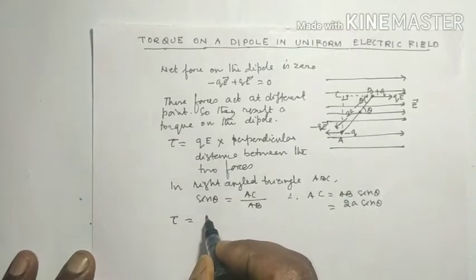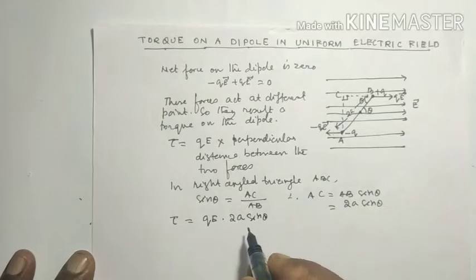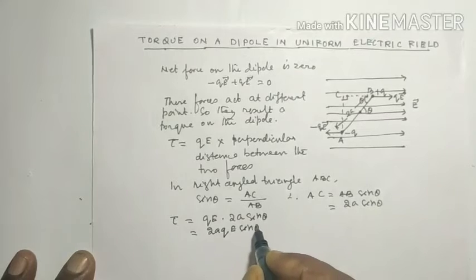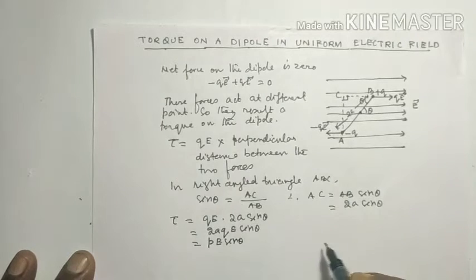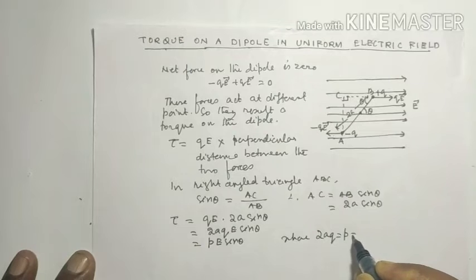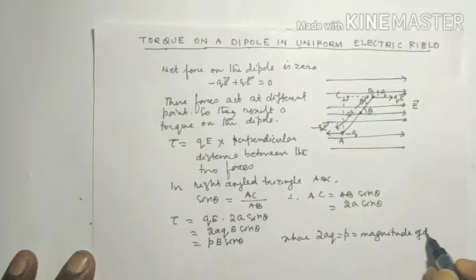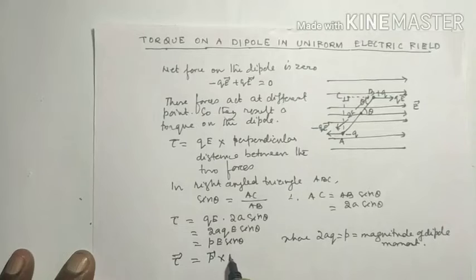So tau equal to qE into 2a sin theta, that is equal to 2aqE sin theta. 2aq is p, so tau equals pE sin theta, where 2aq equal to p is the magnitude of dipole moment. So in vector notation, tau vector is equal to p cross E.